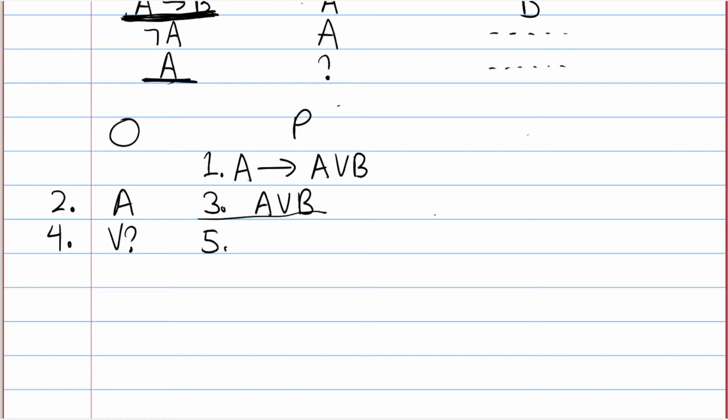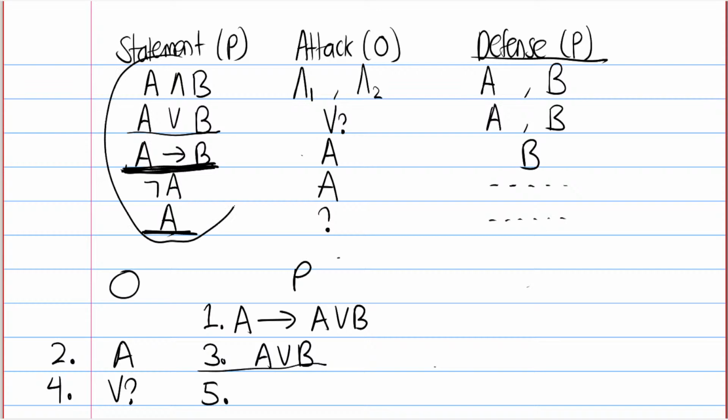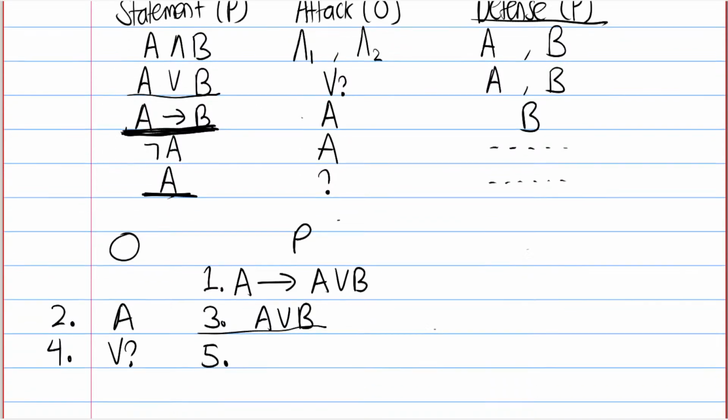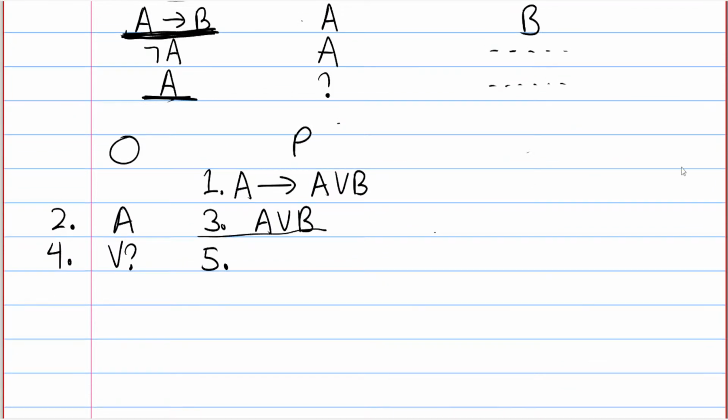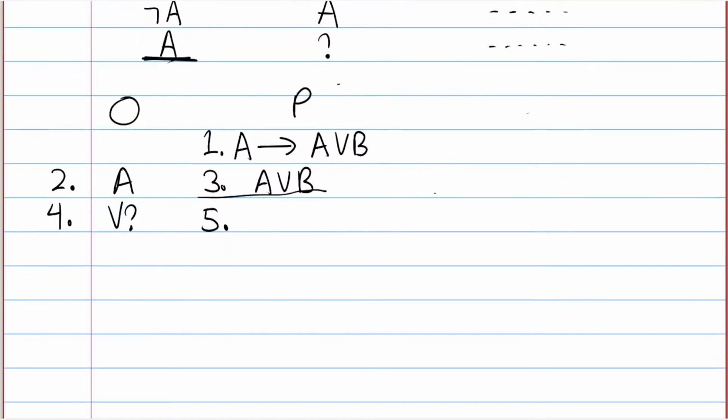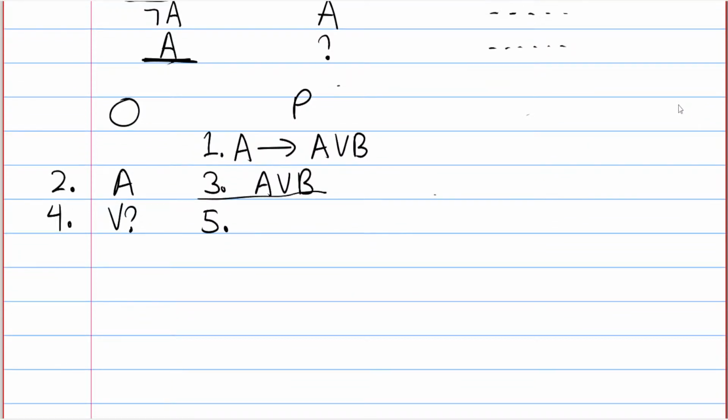If the defense has one of these forms, then it can obviously be attacked again, right? You can attack a defense, like a counterattack. You can think of it as a counterattack.